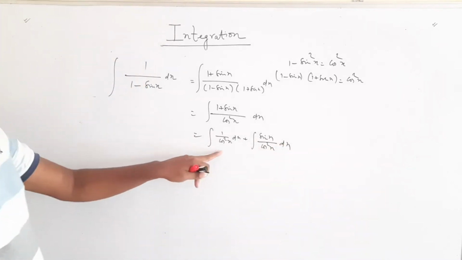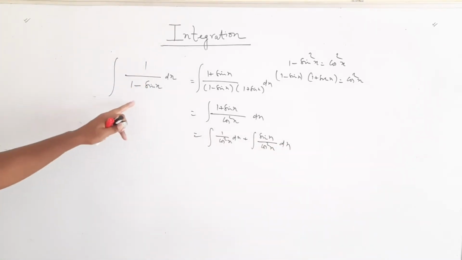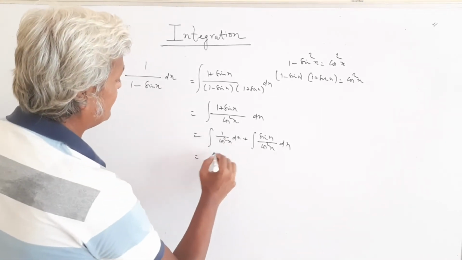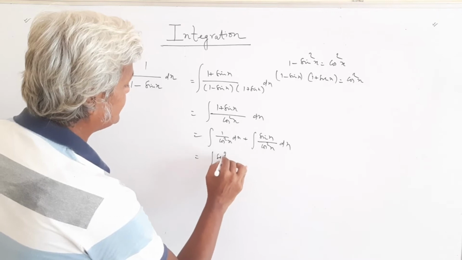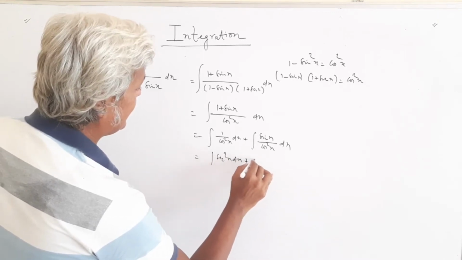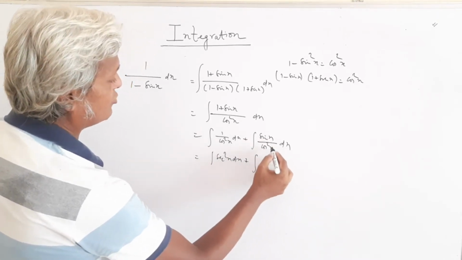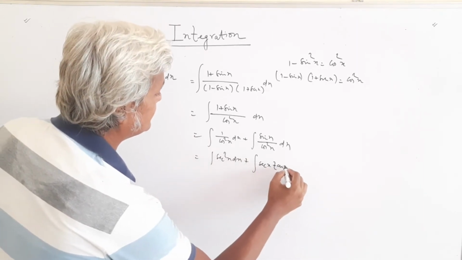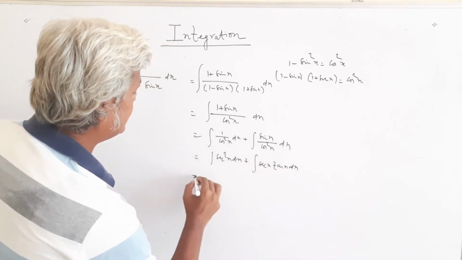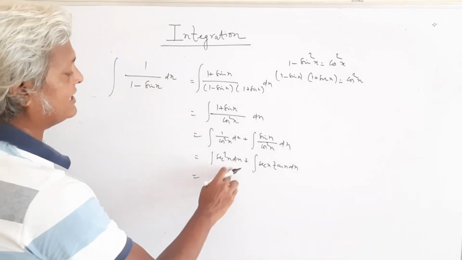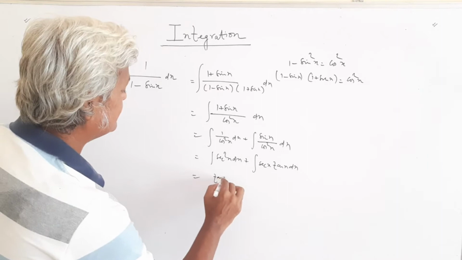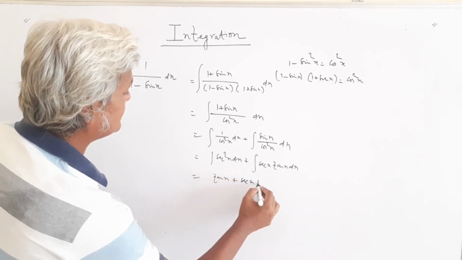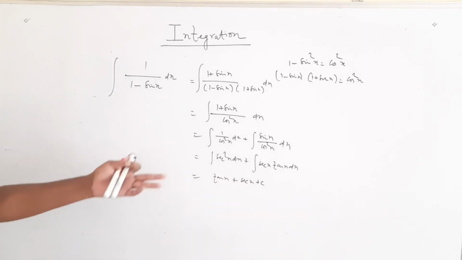Now when you see this form, you find a recognizable pattern, because 1 over cos square x is sec square x, and sin x over cos square x is sec x tan x. The integration of sec square x directly gives tan x, plus the integration of sec x tan x is just sec x plus c. So this is how you can get it.